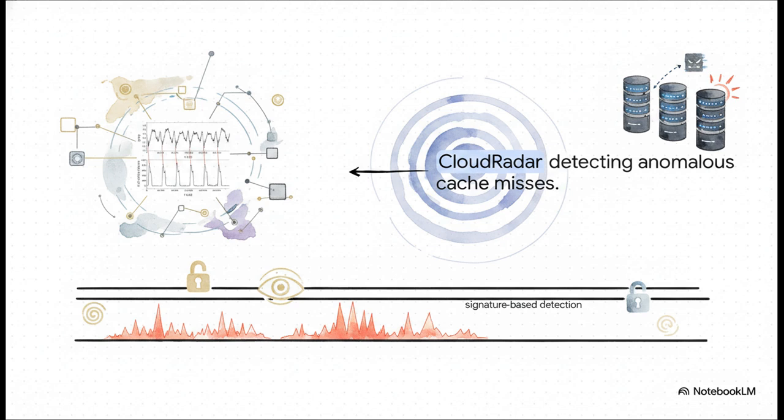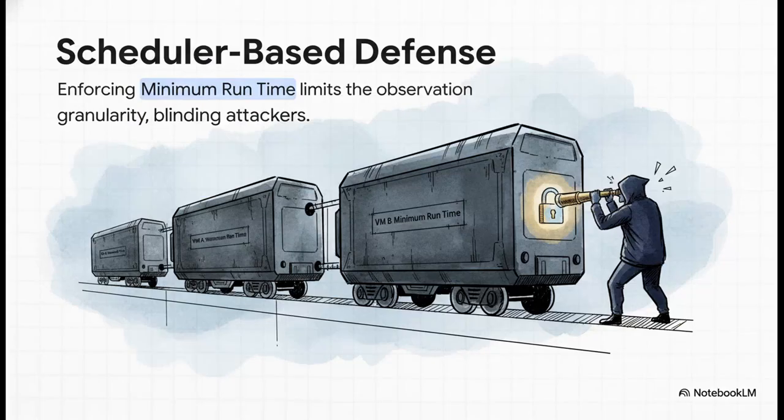You see massive spikes in cache misses, those are the classic telltale signs of a flush plus reload attack. So, when Cloud Radar sees an attacker causing cache anomalies at the exact same moment a victim is doing cryptography, it immediately raises the alarm and instantly migrates the malicious VM to a completely different server. Pretty smart, right?